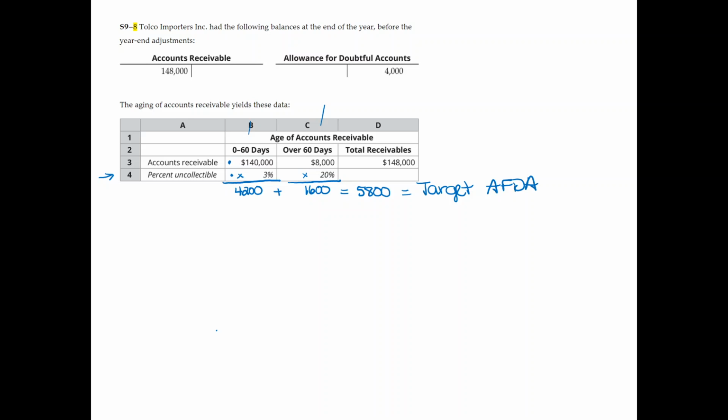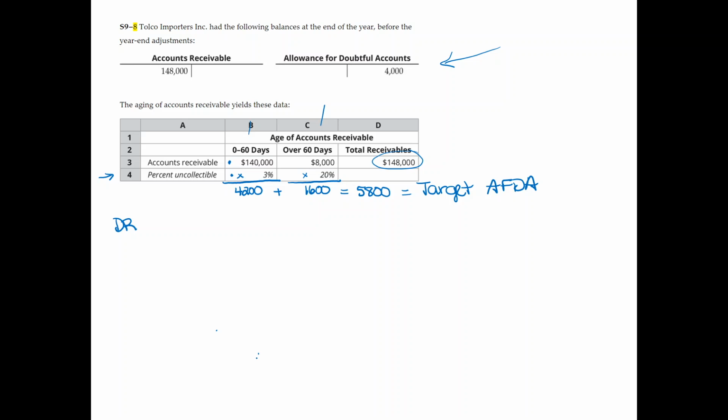So of the full 148 of receivables, we don't think we'll collect 5,800. That's our estimate. So that's what we want as our balance in the allowance for doubtful accounts. But we see from the question, it's already sitting at $4,000. So the entry we do will just be for the difference to get this balance up to 5,800.